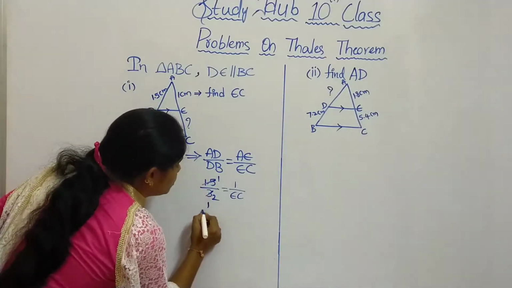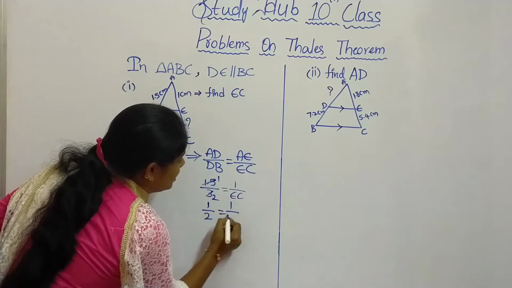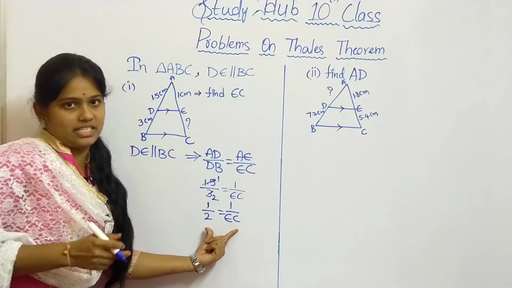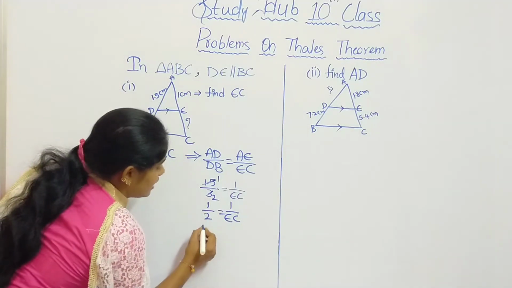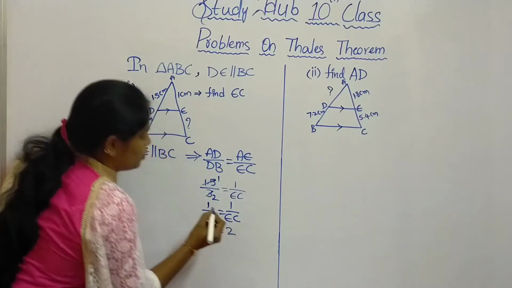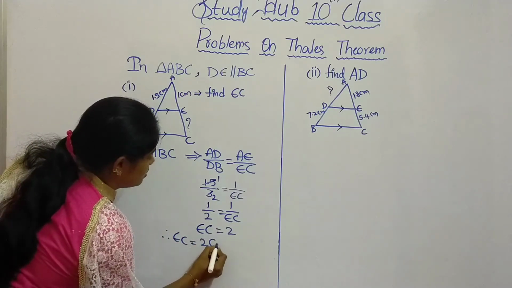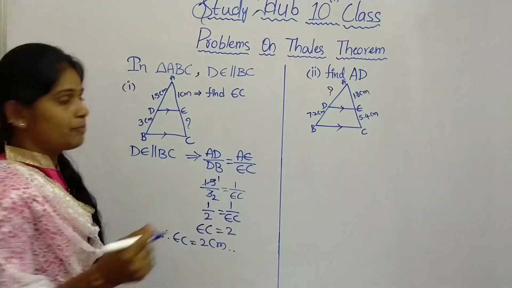So we get 1 by 2 is equal to 1 by EC. Observe carefully: by comparing the LHS and RHS, the value of EC is 2. Therefore, EC is equal to 2 centimeters.